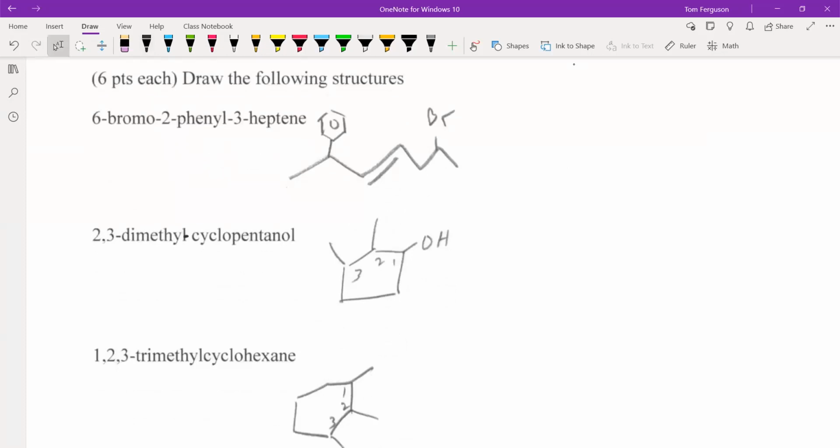Okay, draw the following structures. Okay, we have a heptene, 7 carbons. Double bond starts at carbon number 3. So phenol is a benzene branch.